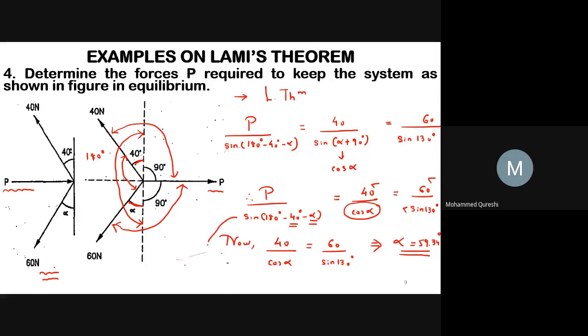So you will get sine 180 degree minus 40 degree minus 59.34 degree, so you will get sine 80.66 degree.